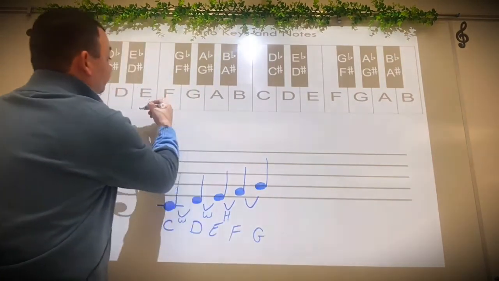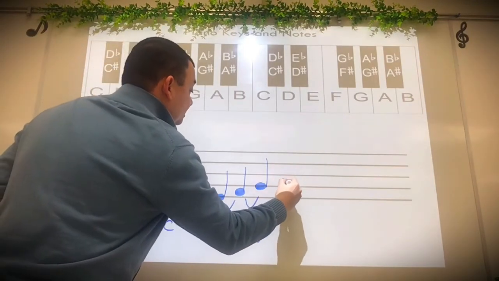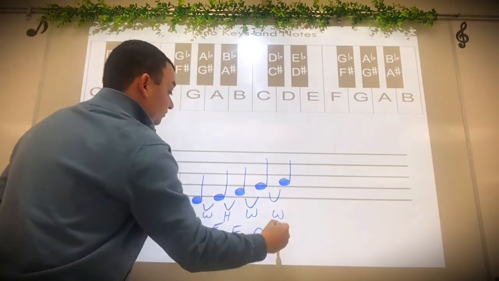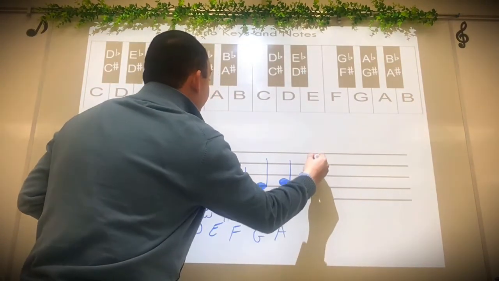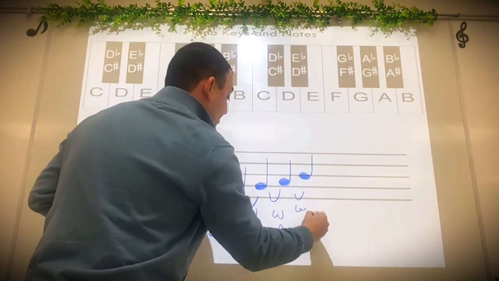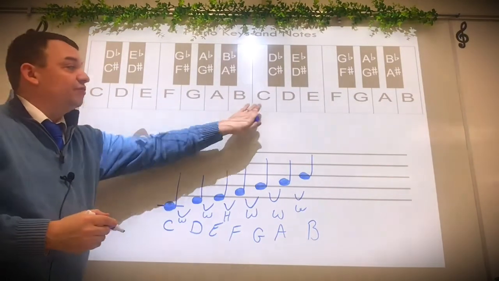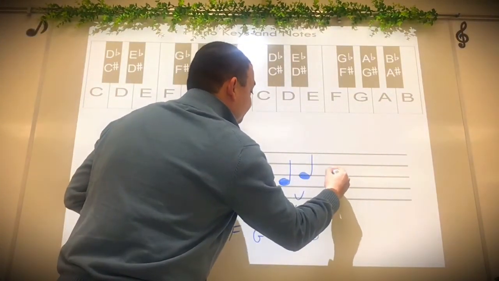F to G, whole step. The next note is A, again, another whole step. The next note is B, from A to B is also a whole step. And then from B to C, again, white key touching white key on the piano. That would be a half step.